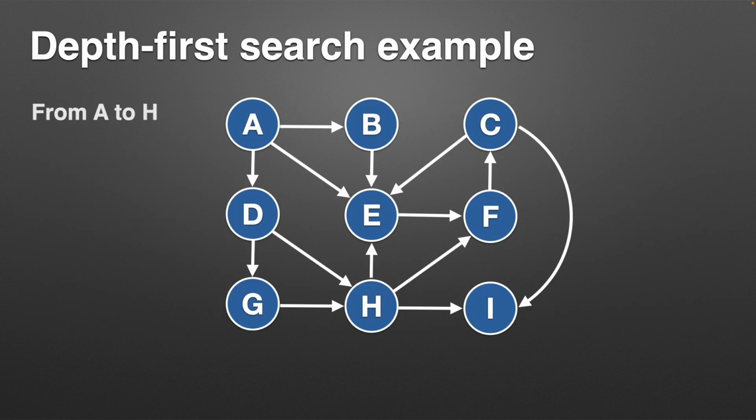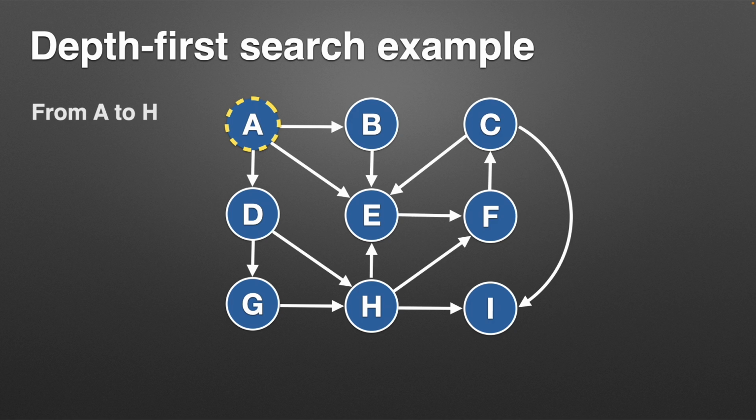So let's go through it on this graph. This is a directed graph, and I've put it in alphabetical order here. Because it's directed, you can only go in the direction that the edges allow. If we're going to go from A to H in this case, we start at A, and we go in alphabetical order in terms of the neighbors.